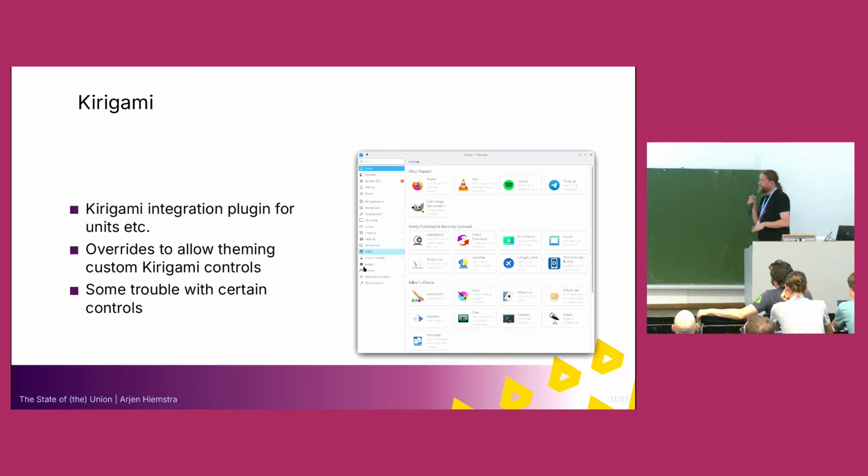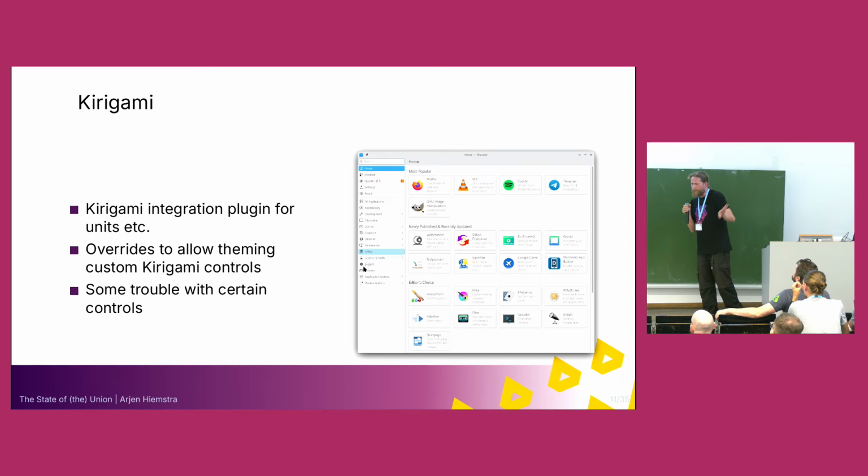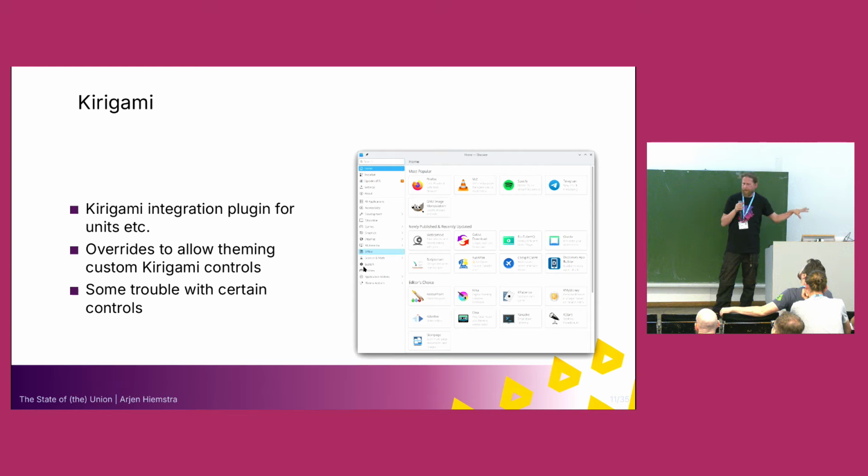An important thing to note here, Kirigami. I wrote the usual Kirigami integration points for it, but I also created a bunch of things. So the custom controls from Kirigami are actually under control of Union.